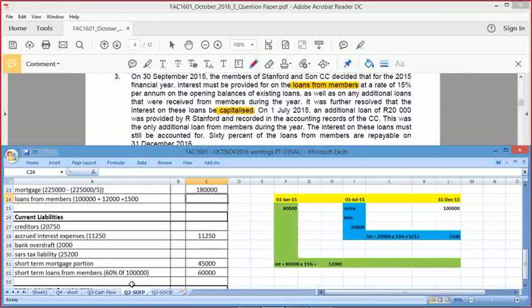So 60,000 must come out of the long term loans from members, minus 60, and 60 goes into short term. That's disclosure.